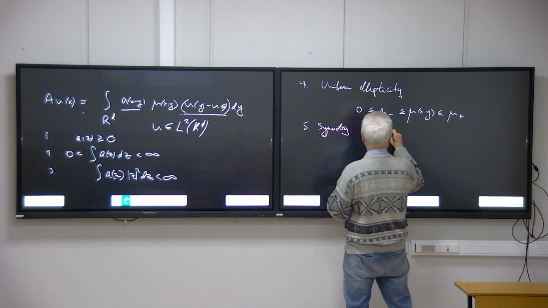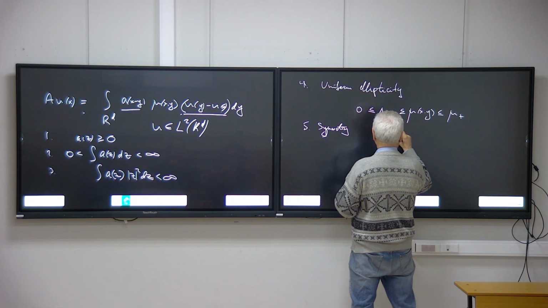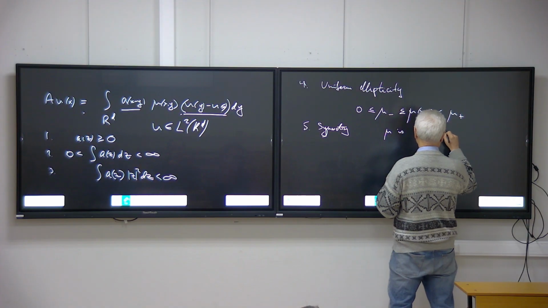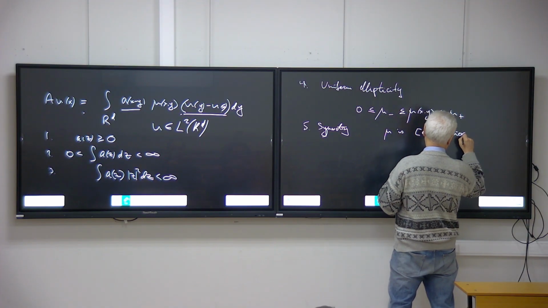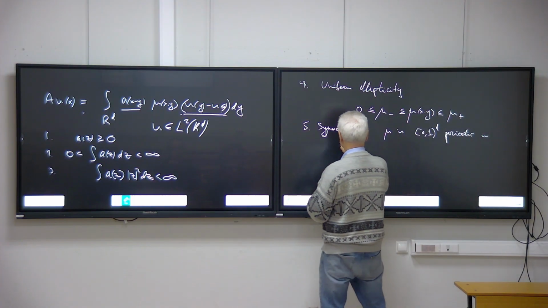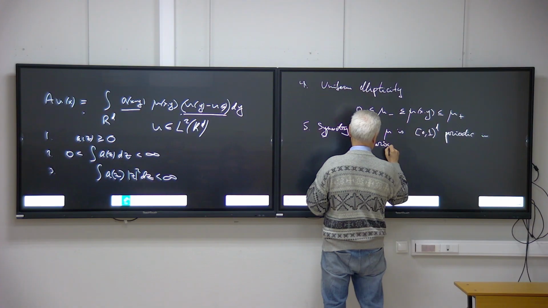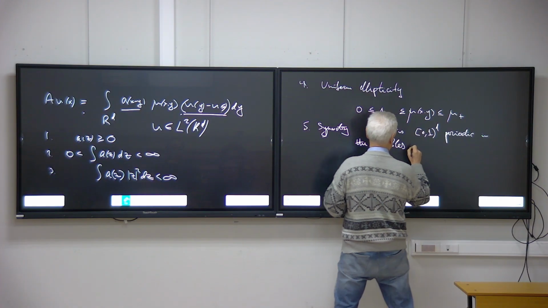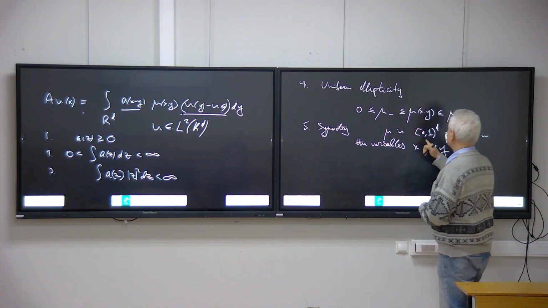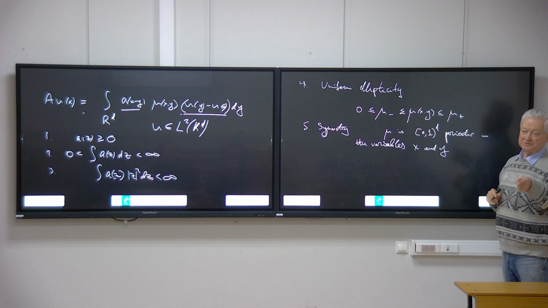The condition is that mu is [0,1] to the power d periodic in the variables x and y. This means that it's periodic in each coordinate direction with period 1.